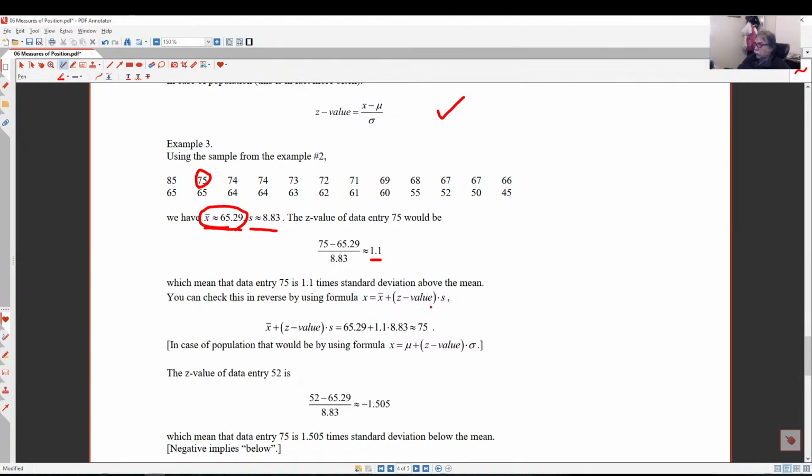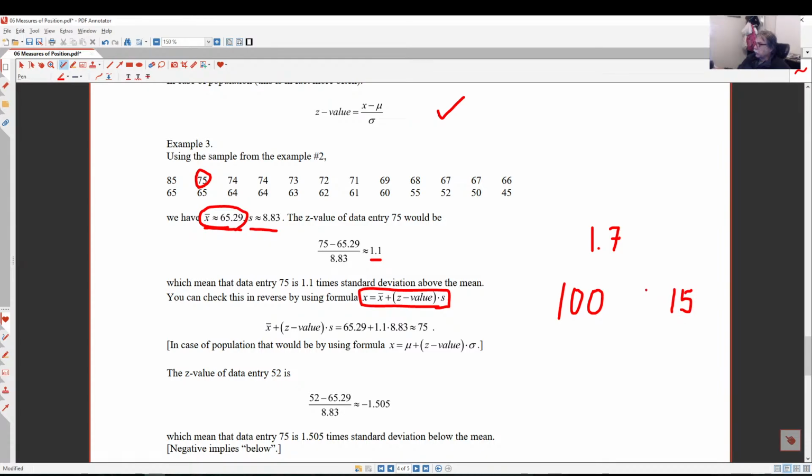So if you want to calculate the x value from the z-score, you multiply the z value times the standard deviation and add it to the mean. For example, if somebody tells you that your IQ has a z-score of 1.7, IQ tests have a mean of 100 and a standard deviation of 15, usually. Sometimes 16, but usually 15.